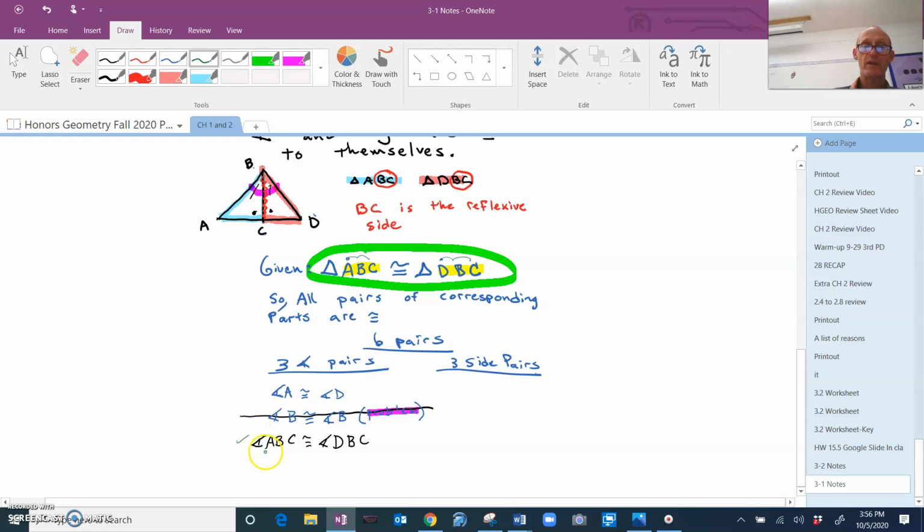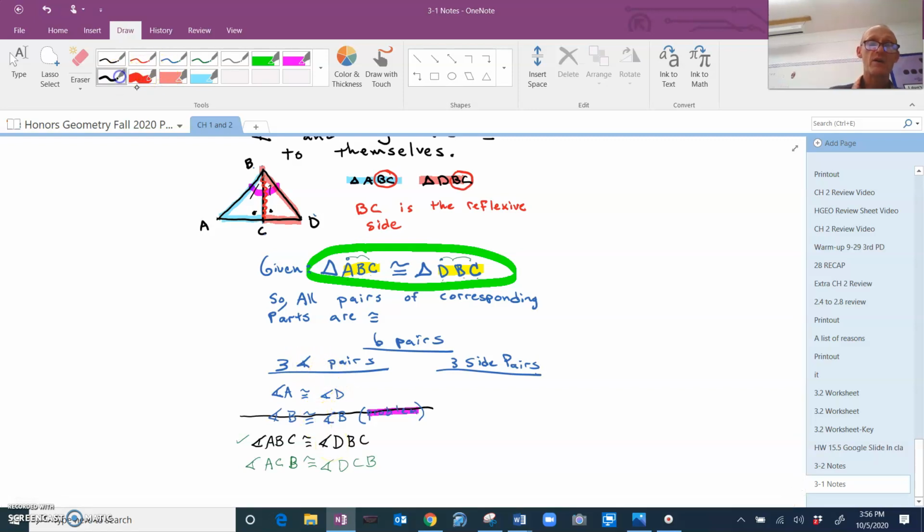And then the last angle pair is going to be angle ACB is congruent to angle DCB. So angle ACB and angle DCB. Those are the three angle pairs.